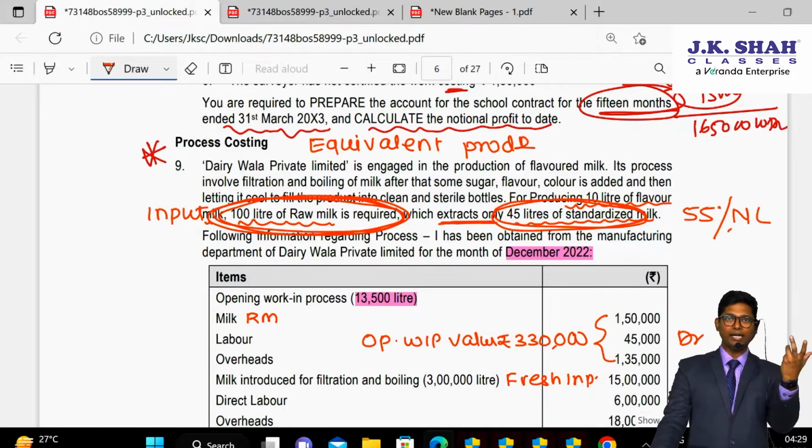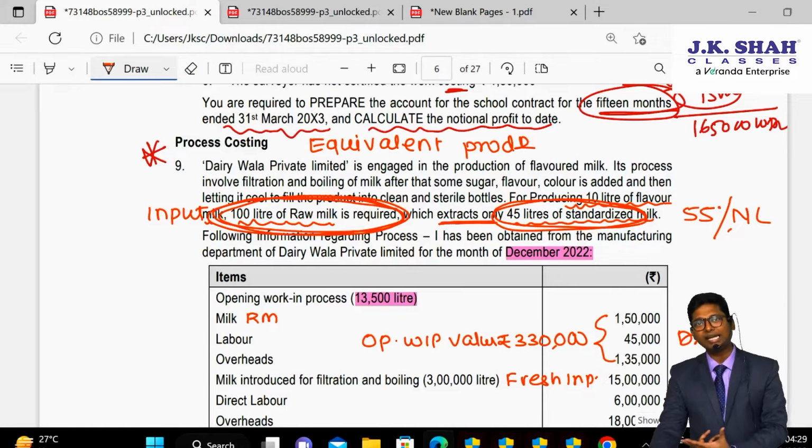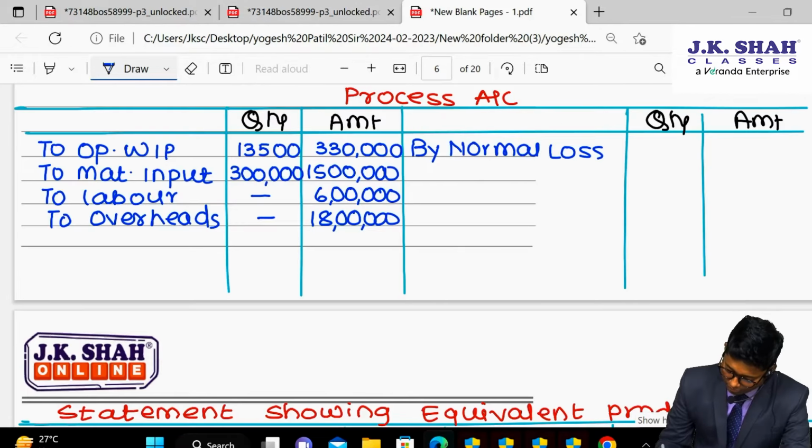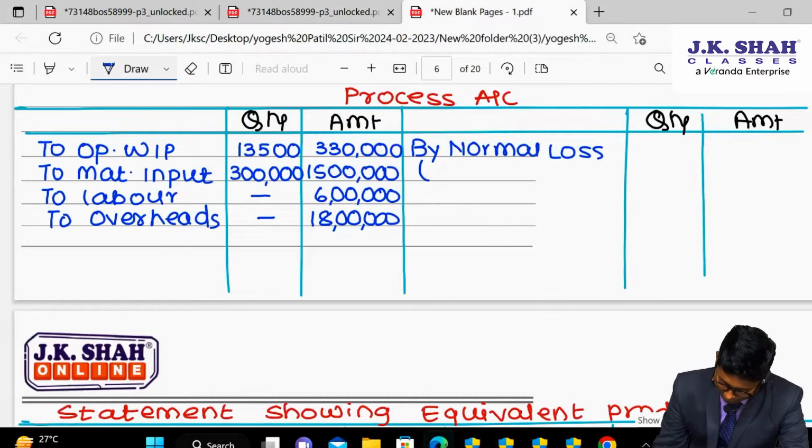If you check, 100, 55 lost, 45 standardized milk produced, that means 55% is your normal loss. And on the credit side I am recording normal loss. Sir, 55% of what? Your raw milk, and that is 3 lakhs. 3 lakhs into 55% is 1,65,000, which is my normal loss that I recorded here.